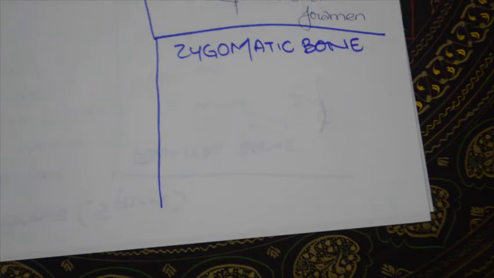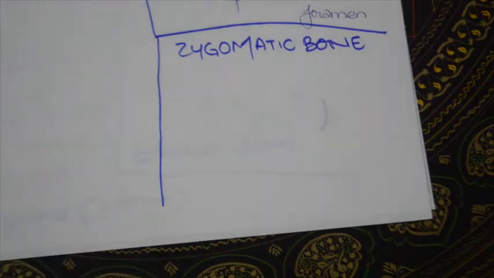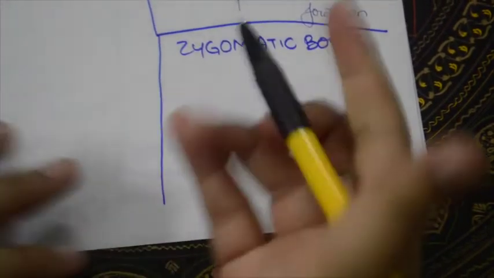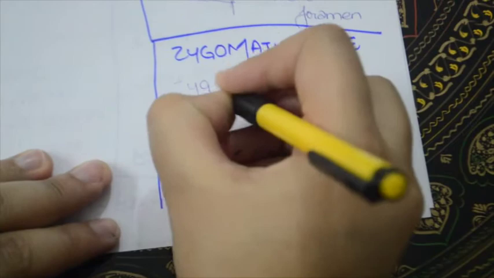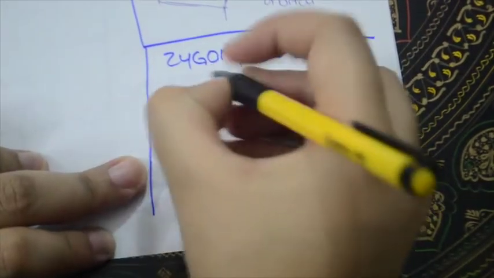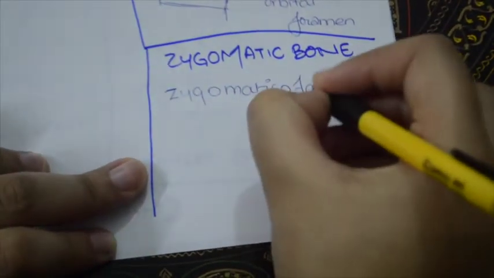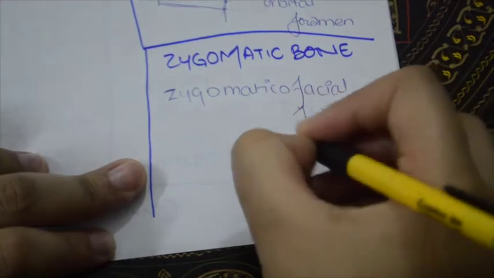There's just very brief detail about the zygomatic bone that you need to know. That there are two foramen in the zygomatic bone, the zygomaticofacial and zygomaticotemporal. The zygomaticofacial foramen, I'll write the spellings for you. Zygomaticofacial foramen.